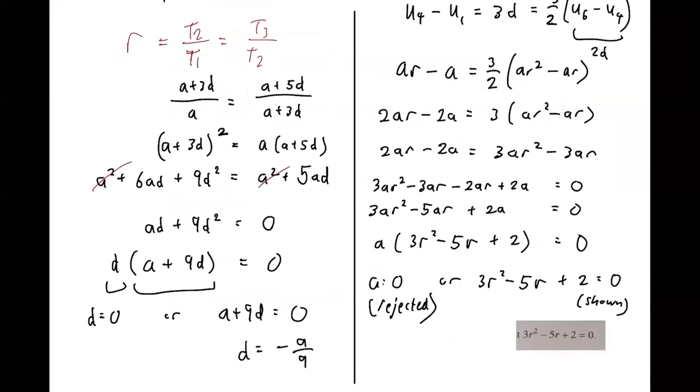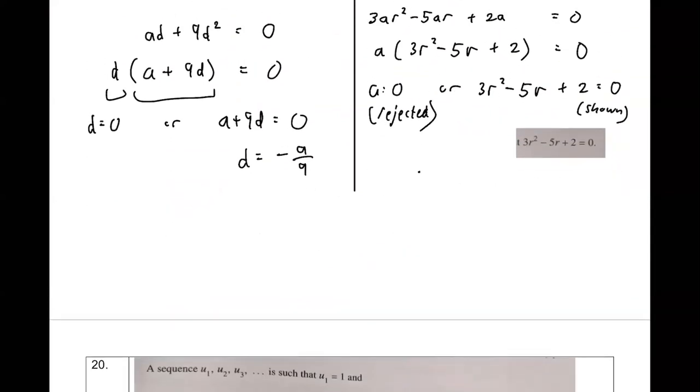So let's just do that. Factorize this and we end up with what? 3, what was it again? Let me just check with a calculator. 3 minus 5 to 3r minus 2 multiplied by r minus 1 equals to 0. Okay, which means I'll get r equals 2/3 or r equals to 1. So now, can r be equal to 1?